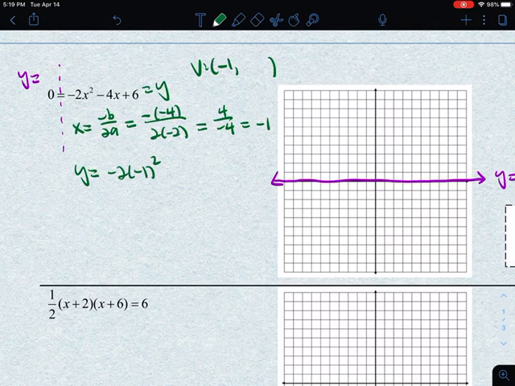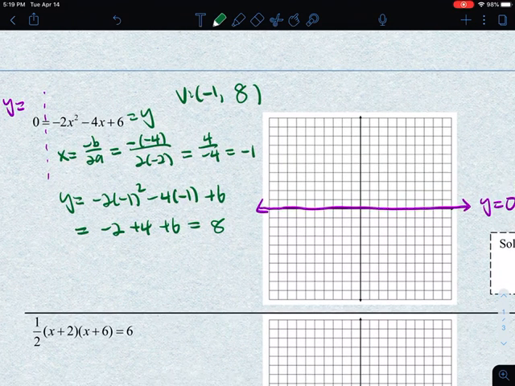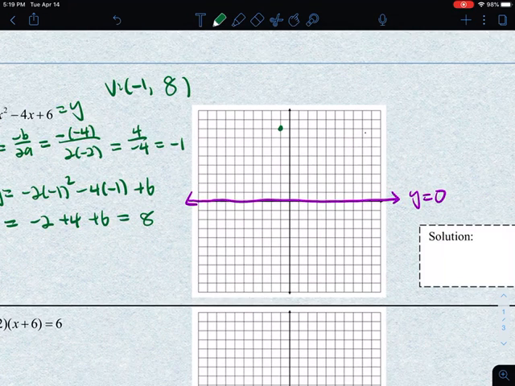And then to find the y, I just need to plug it into my original equation. So that's going to be negative 2 times 1, and then plus 4 plus 6. So that looks like 8. So my vertex is negative 1 comma 8. Let me graph that.